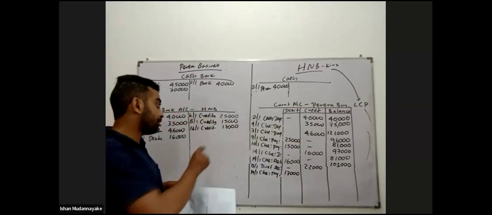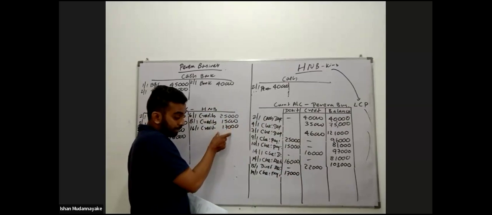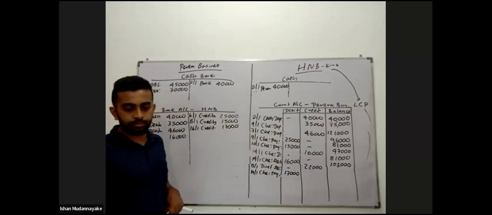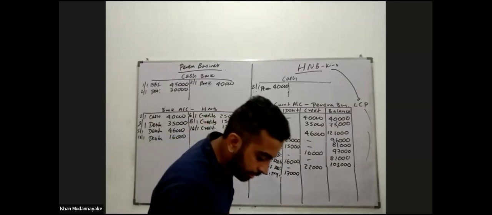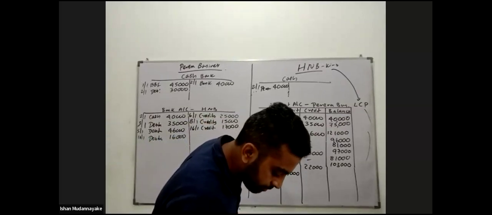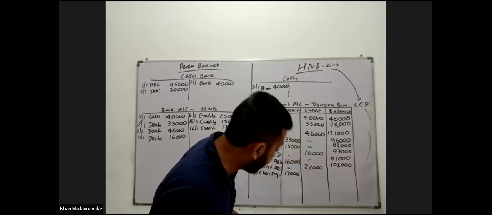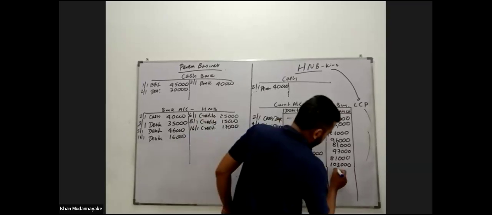At first the bank records it as a check payment. If our business credits, the bank needs to debit. Bank debits at first. Right now balance is how much? 103,000 minus 17,000. Now balance is 86,000.